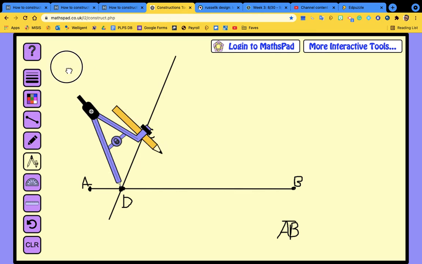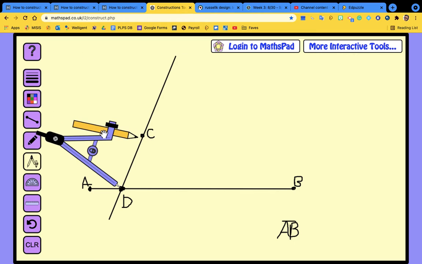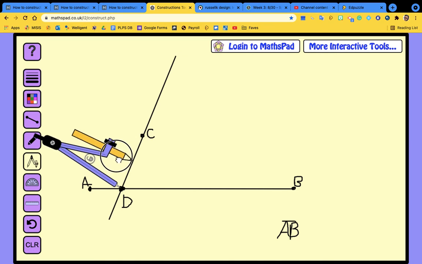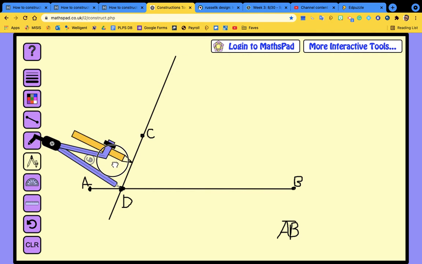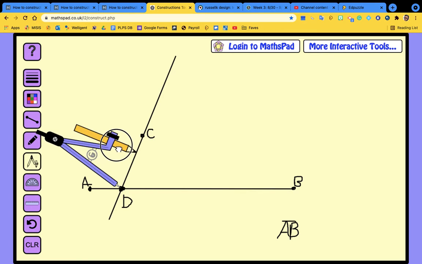And what we're going to do is open our compass towards C, right? But not to get to C. Go about halfway and a little bit past halfway. See? This is around halfway between D and C. You can lock it in.